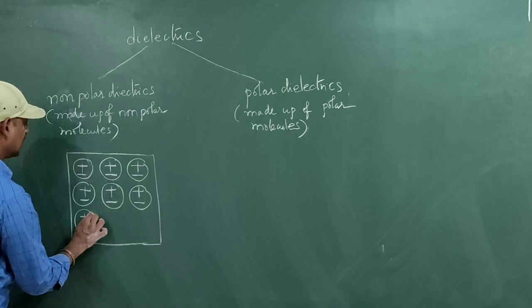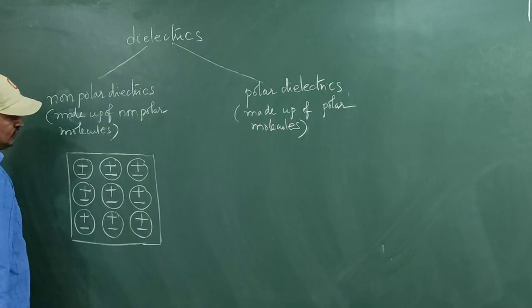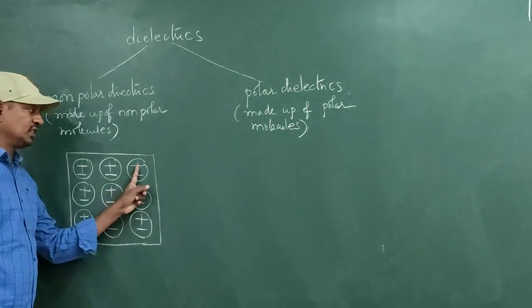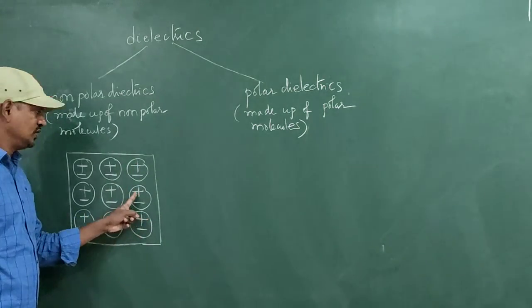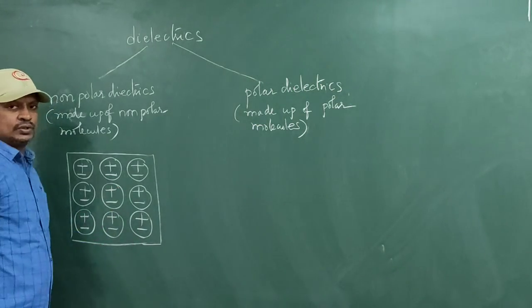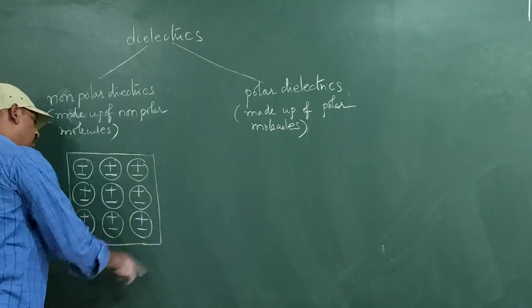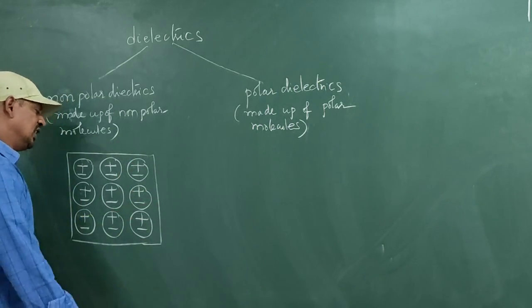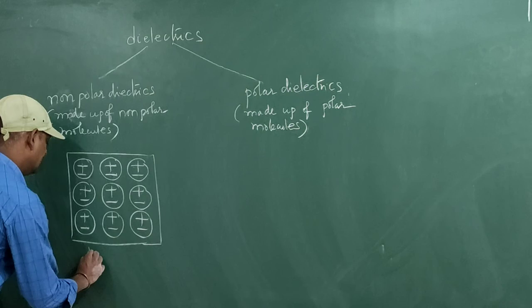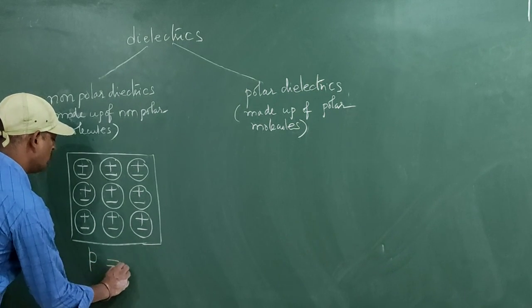What type of dielectric? Non-polar dielectric. Dipole moment for each and every molecule is 0. The overall net dipole moment is also 0. So the dipole moment of this slab is also 0.